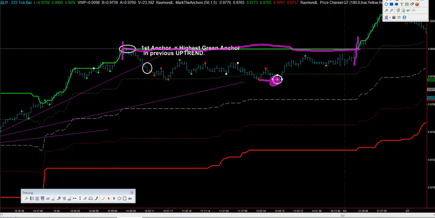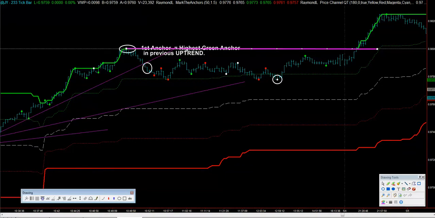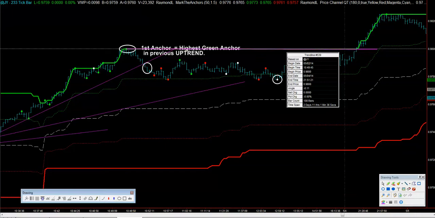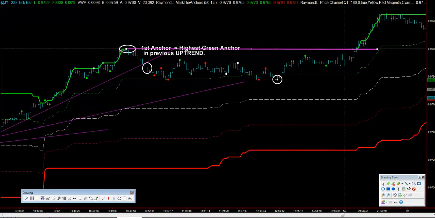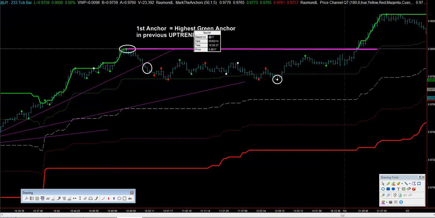So once we've got that, we now look for a movement high enough to give us permission to draw the upward trend line, which we will find now. I marked the horizontal line just for ease of reference, and let me just move these so that you can see them. First anchor is from the previous one. Then we have our downward trending anchor.